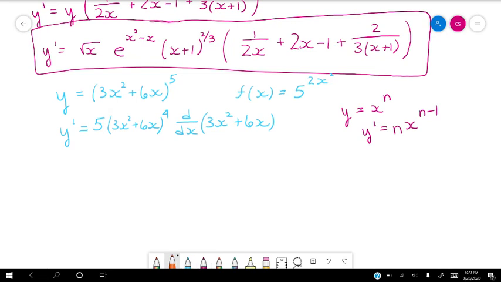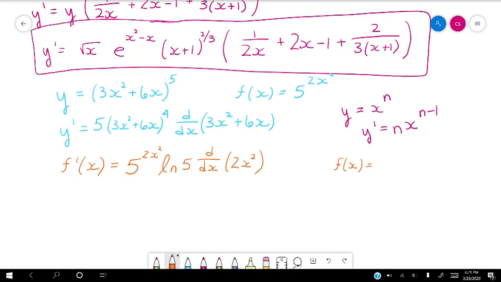And now f prime of x with a constant in the base and a variable in the exponent. Again, we can use our chain rule. We'd have to do 5 to the 2x squared times the natural log of 5, and then times the derivative of the inside function. Okay, so that rule, let's make it more basic.